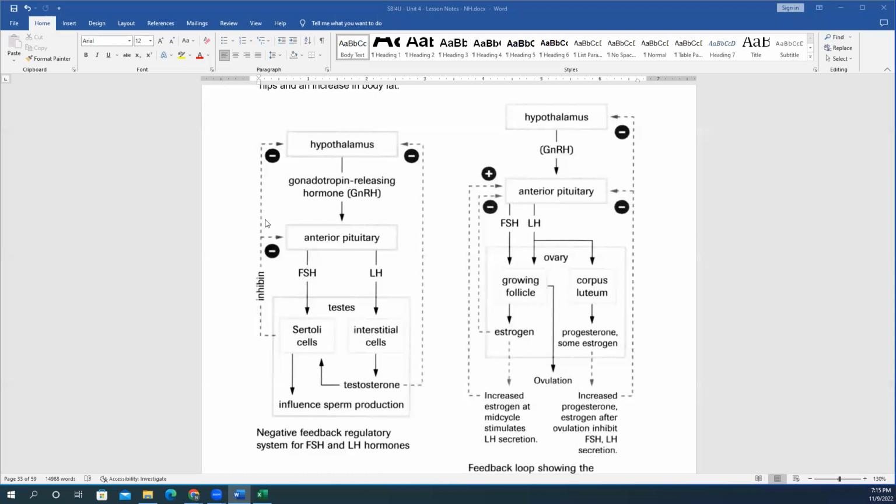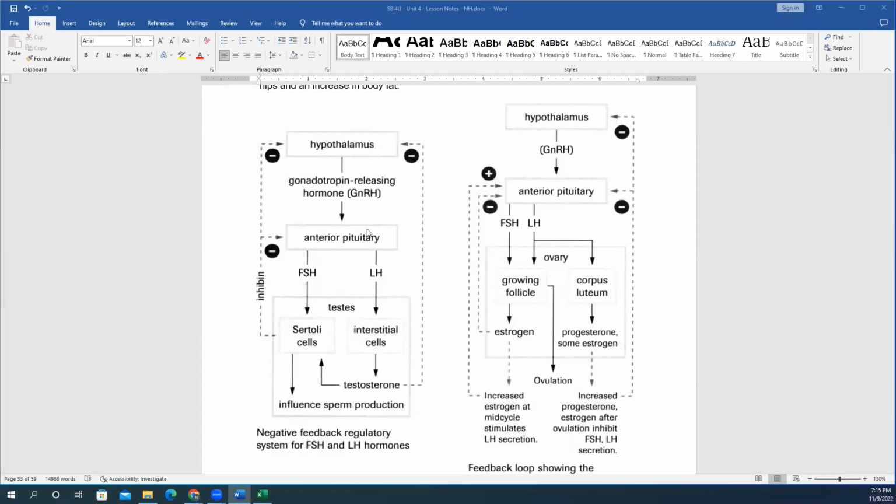So here is that negative feedback regulatory system in the males involving both FSH and LH. So again, the hypothalamus releases the hormone GnRH, or gonadotropin releasing hormone, which will then act on the anterior pituitary.